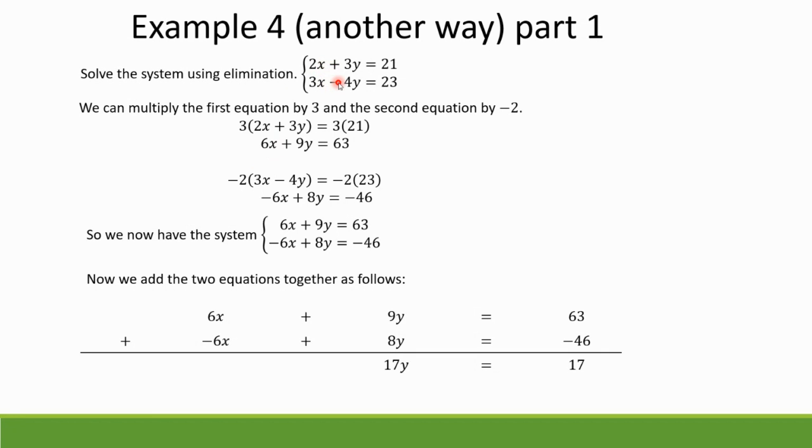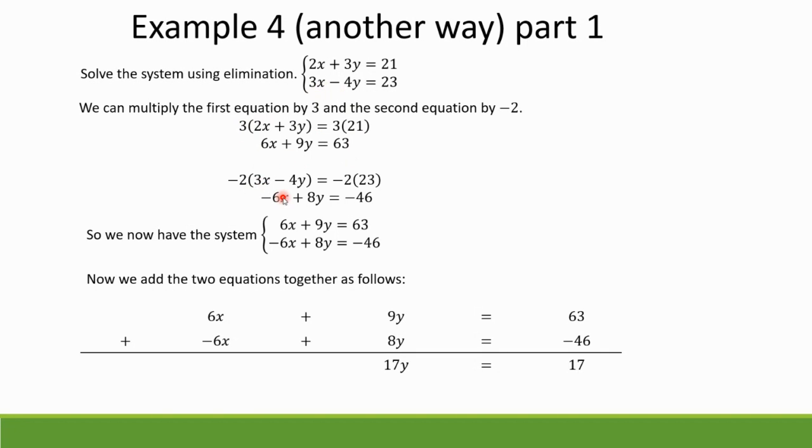So here, we can multiply the first equation by 3, right? That's what I'm doing. And then you distribute, you get 6x plus 9y is 63. For the second equation, we can multiply by -2.